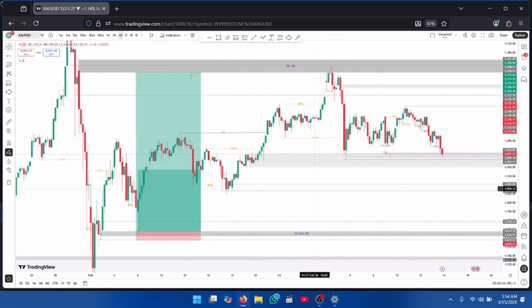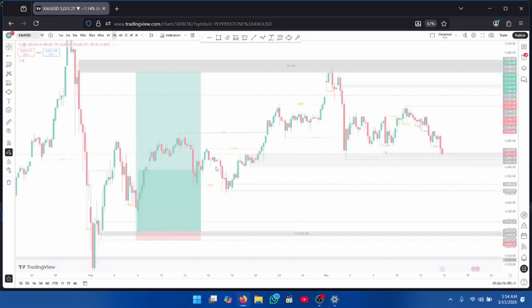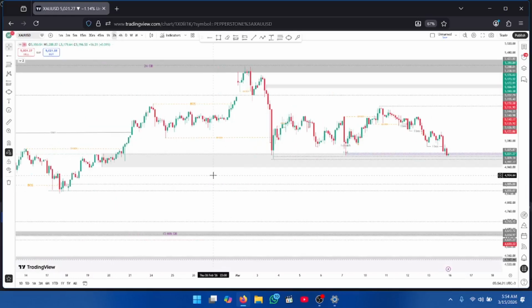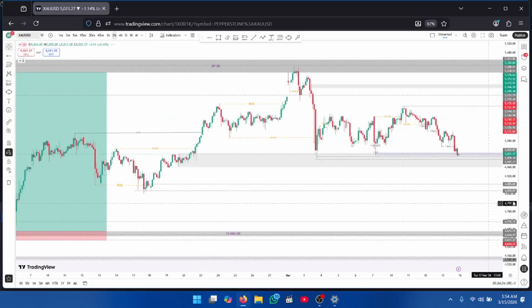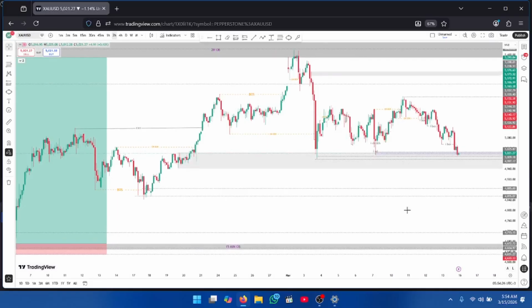If we scale down to the 2-hour chart, you can clearly see that we have a gap, guys, at about this level. So that's why we mapped out this zone here as our next zone to look for buying opportunities on gold.